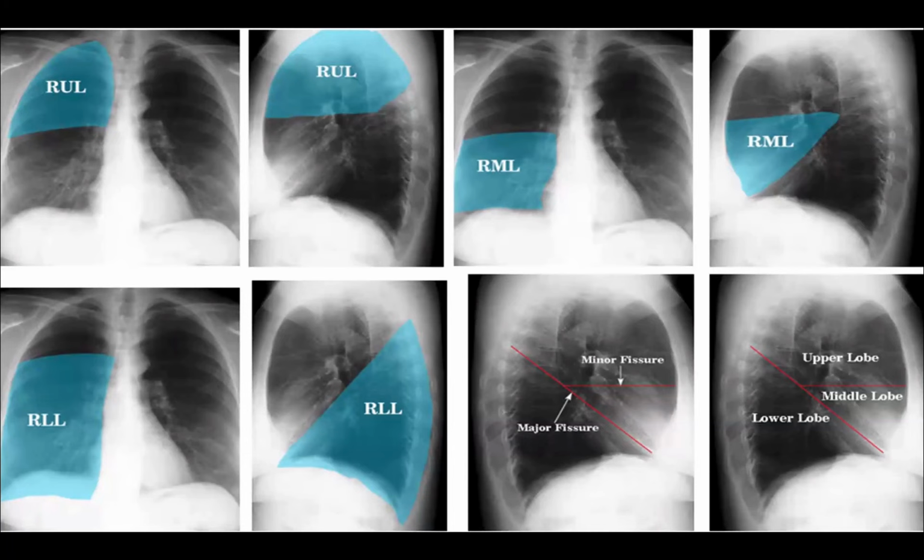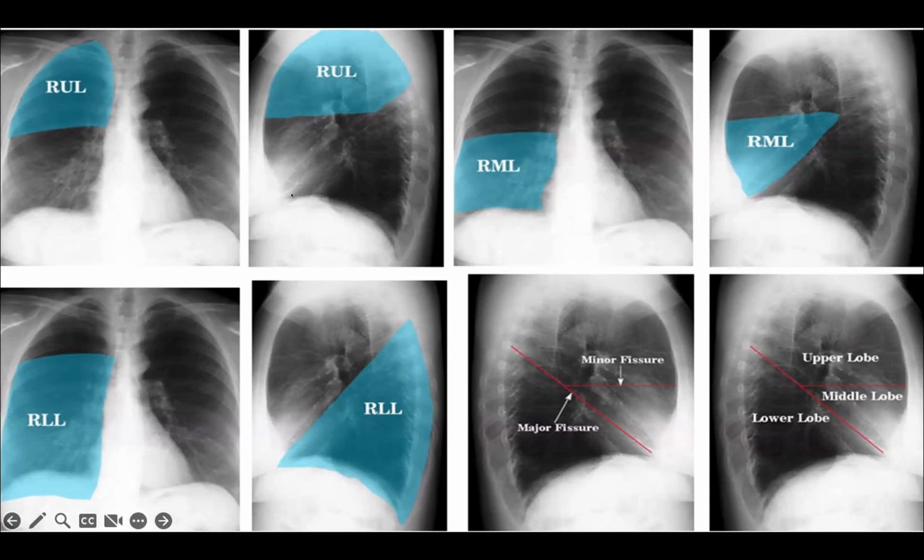So for example, if you're talking about the right lung here, we can see the right upper lobe on the frontal view projecting in the upper aspect of the lung. On the lateral view, it extends anteriorly and posteriorly. And why is that? Because the major or oblique fissure is oriented this way, so you can imagine why it stops here.